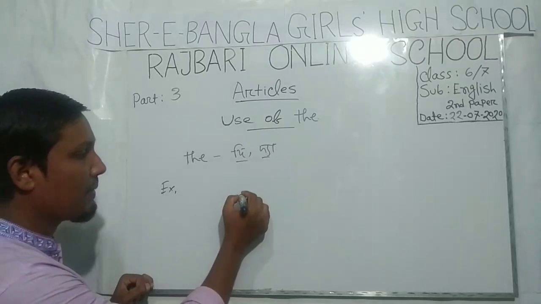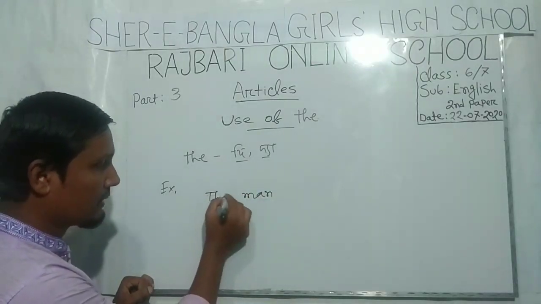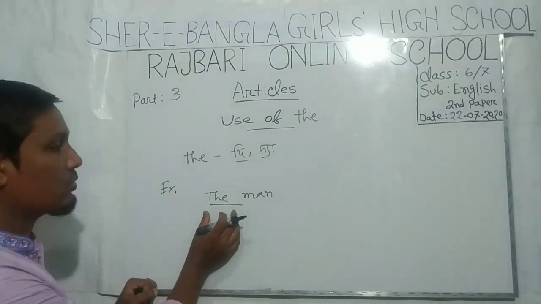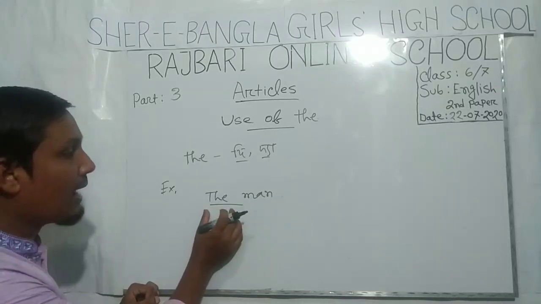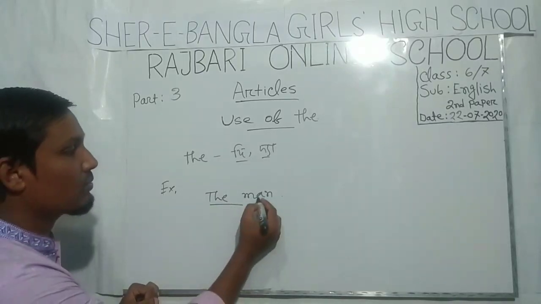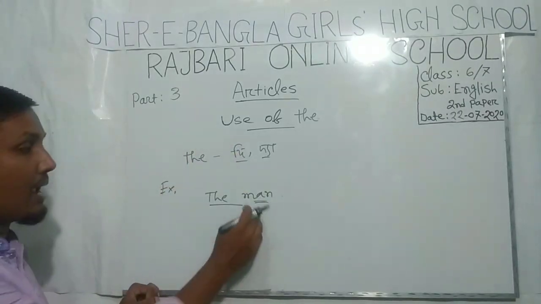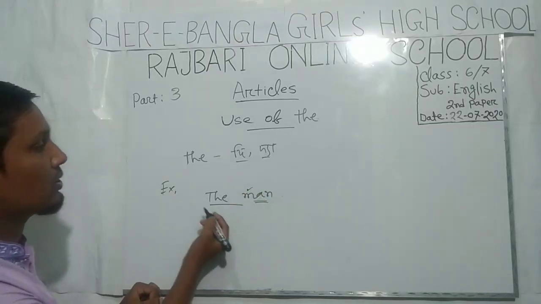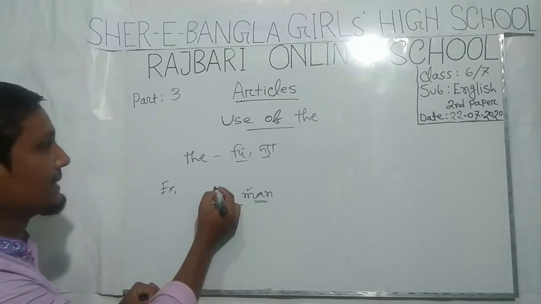When you see the word man, I wrote the man, and you have to pronounce it "thuh man". This word starts with M and it is a consonant word, for this reason you have to say "thuh".